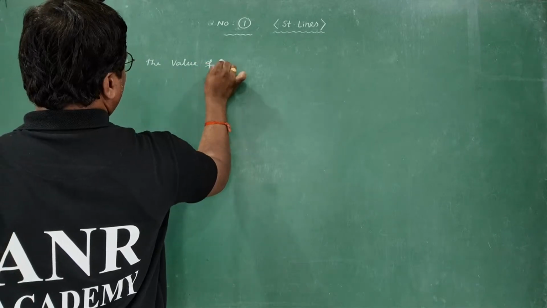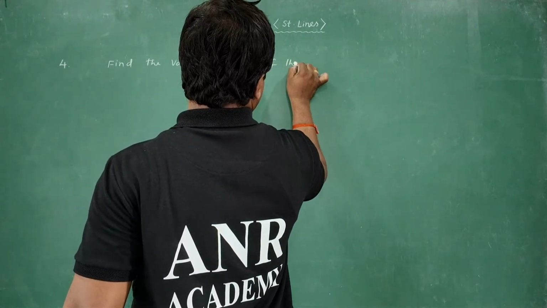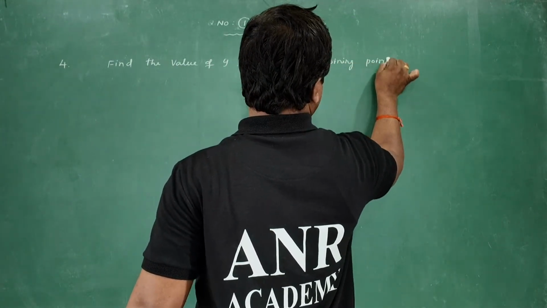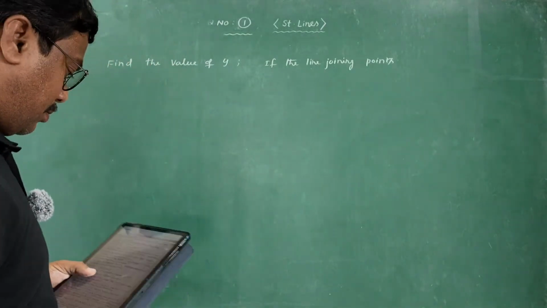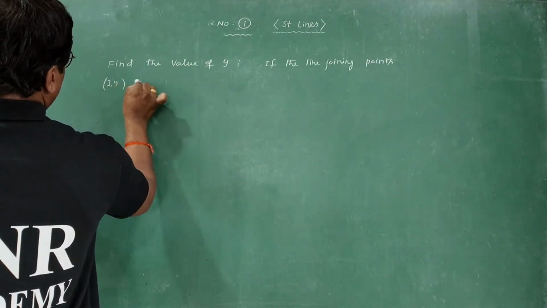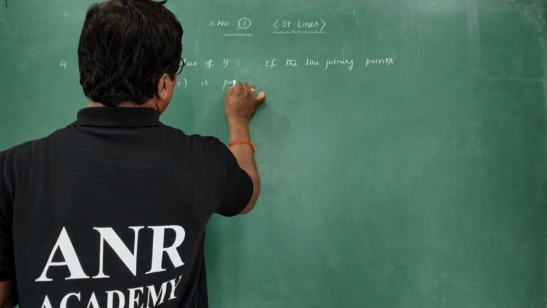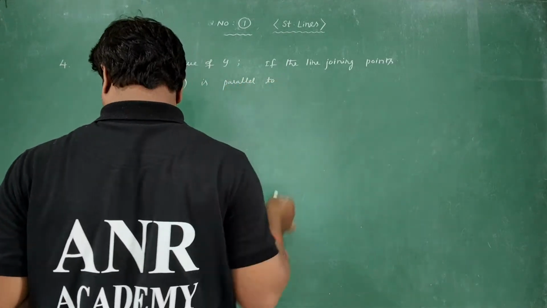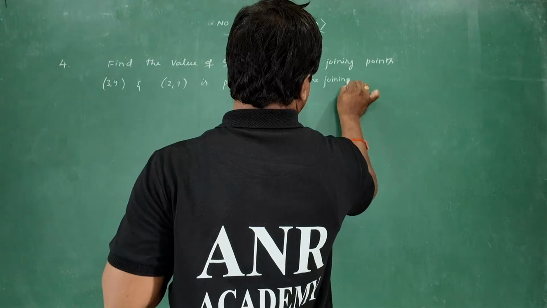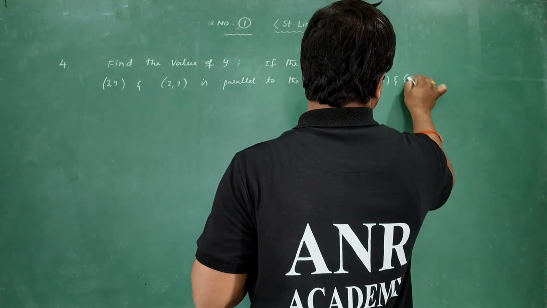Find the value of y if the line joining points (3, y) and 2, 7 is parallel to the line joining -1, 4 and 0, 6.